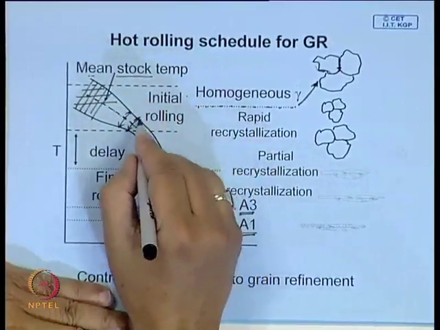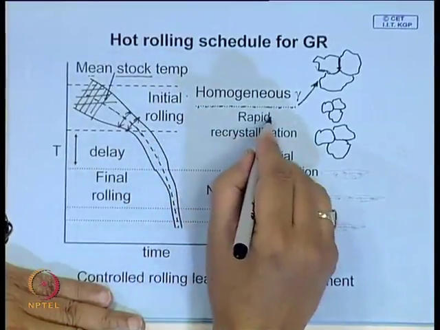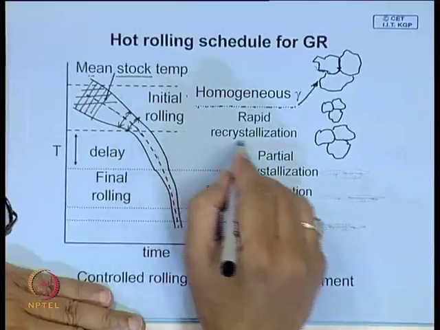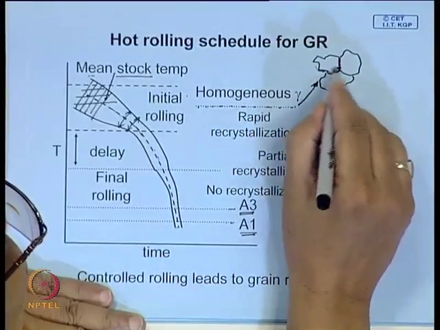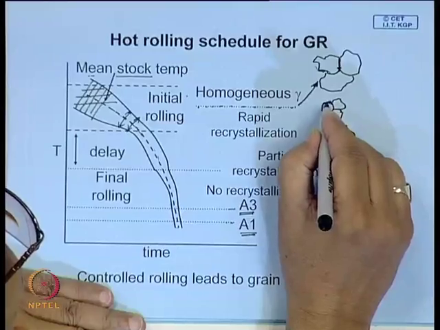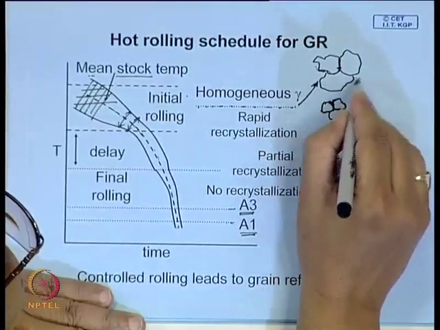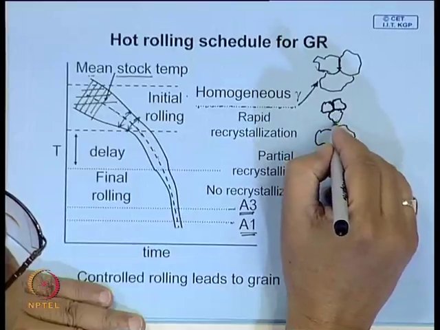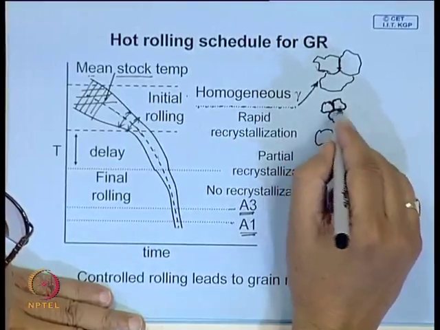Therefore, you can give high reduction, and if you give high reduction there may be rapid recrystallization also taking place here, and because of this these grains deform and get replaced by new strain free recrystallized grains.